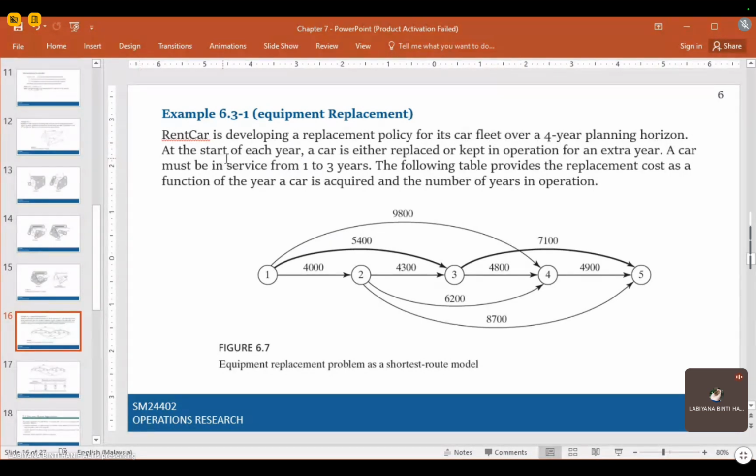At the start of each year, a car is either replaced or kept for an extra year. A car must be in service from 1 to 3 years. The following table provides the replacement cost as a function of the year a car was acquired and the number of years in operation.